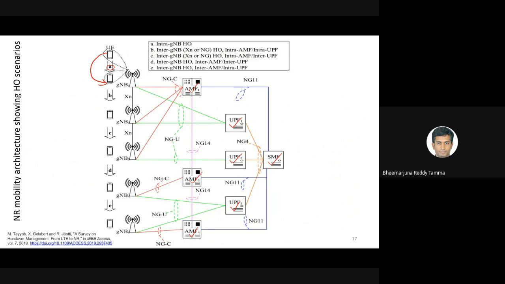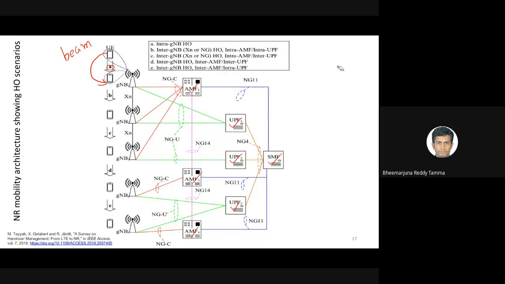Yes, beam, not frequency. When I'm talking about these beams, all the beams use the same frequency. Here you use F1 and F1, but I can serve user 1, user 2, user 3 with zero interference. Got it?